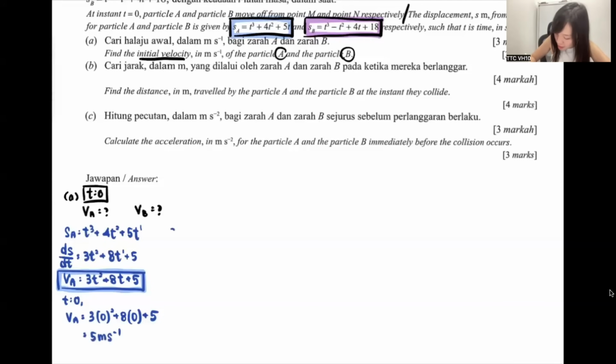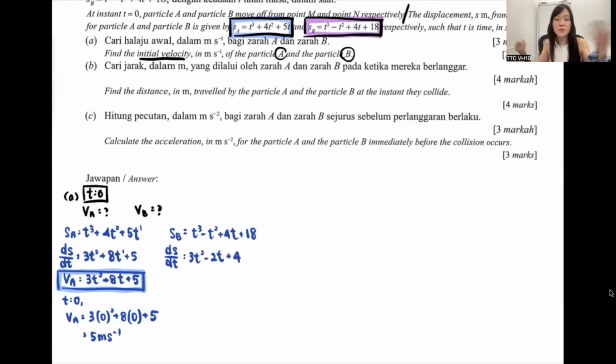Next, how do I find VB? VB is going to use your SB equation. ds/dt. Differentiate and the 18 differentiates to 0. So isn't your VB equation 3t squared minus 2t plus 4? Yeah, got it.